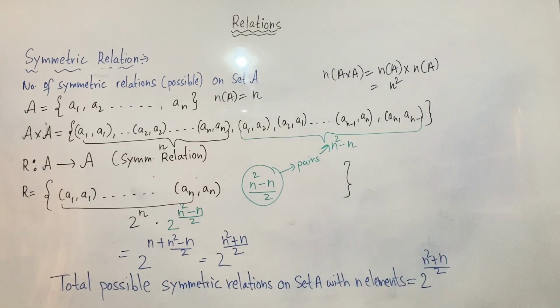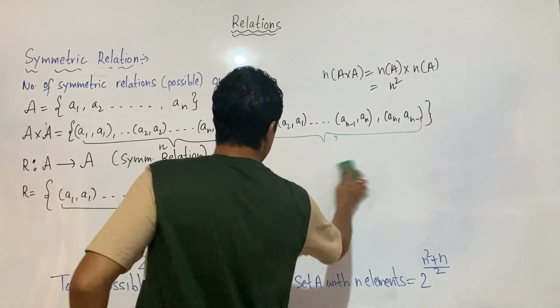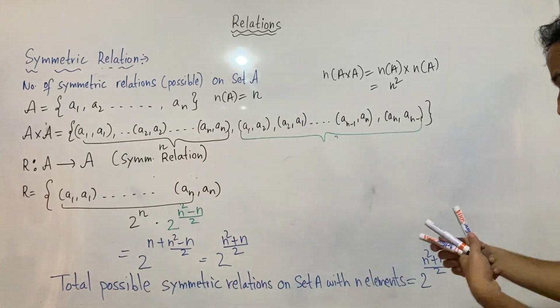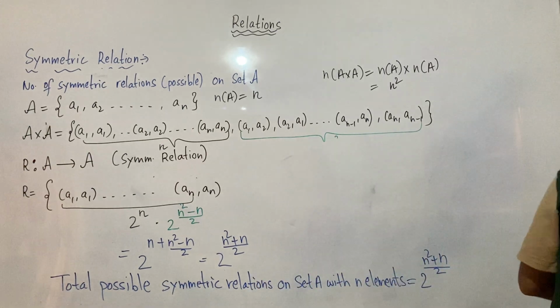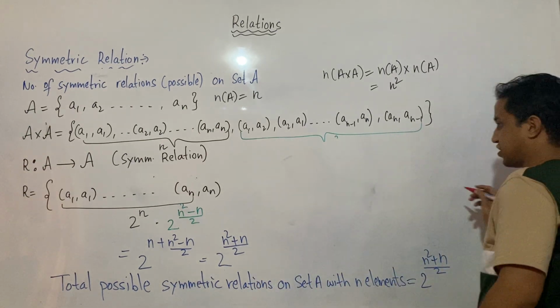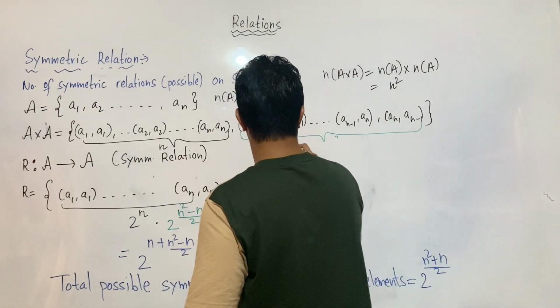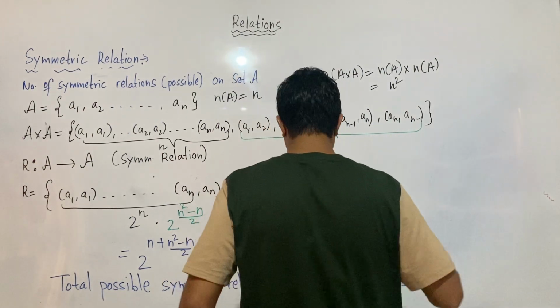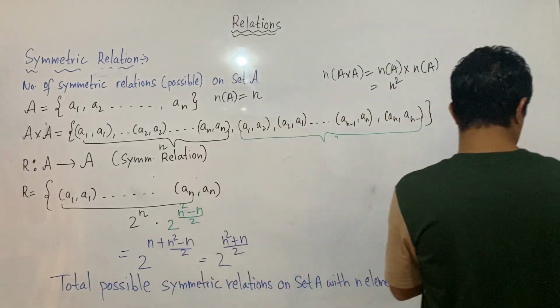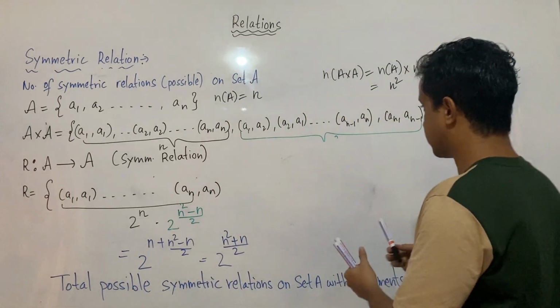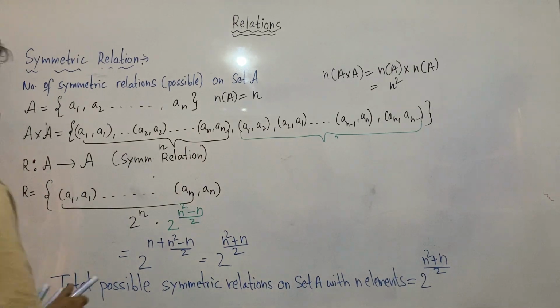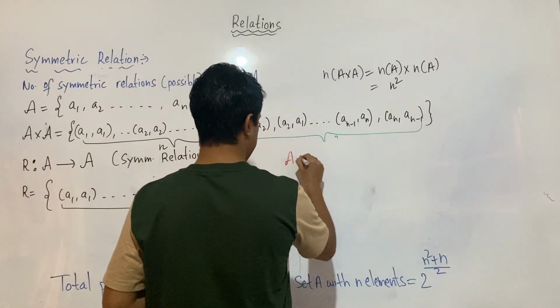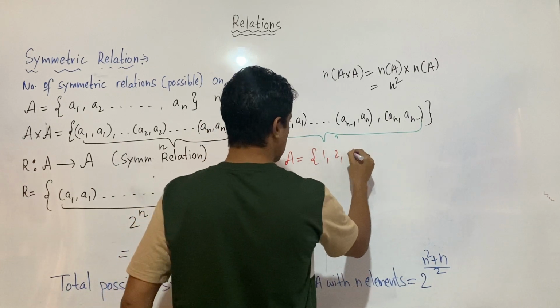Okay, so here, let's say you have a set A equals {1, 2, 3}.